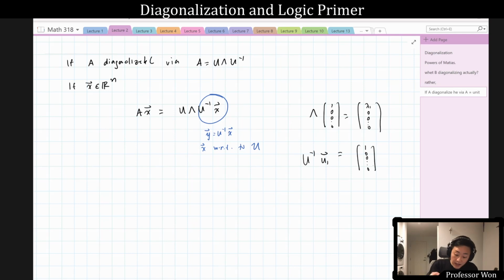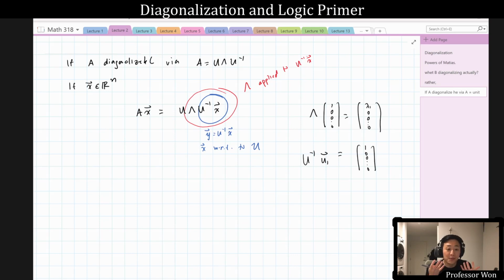So what you're doing to the vector u inverse x is something diagonal. You're just scaling each component. So let me maybe do this in red. This thing is lambda applied to u inverse x. But we don't live in a world where the basis is u.